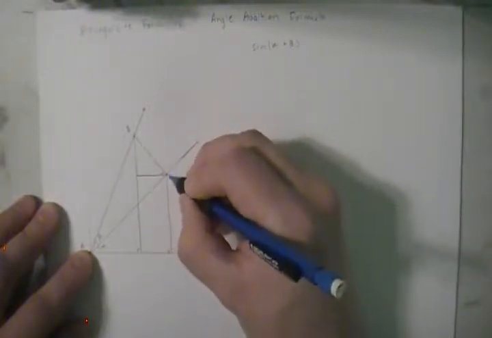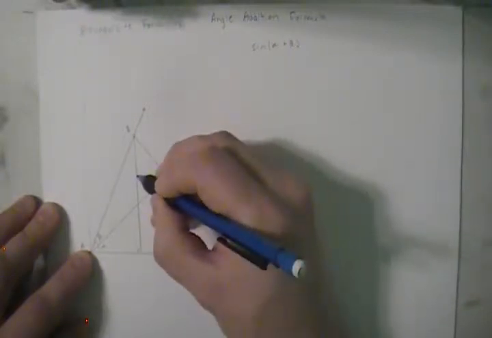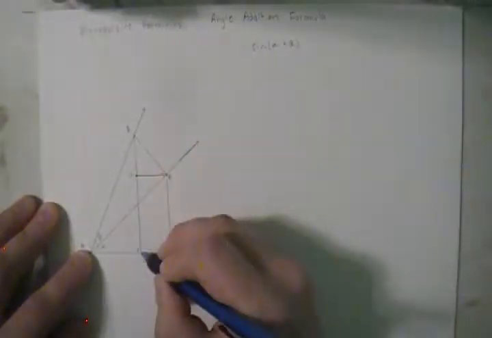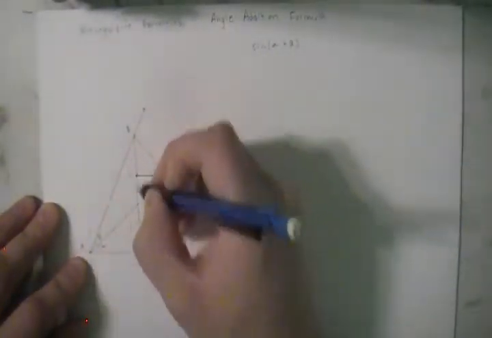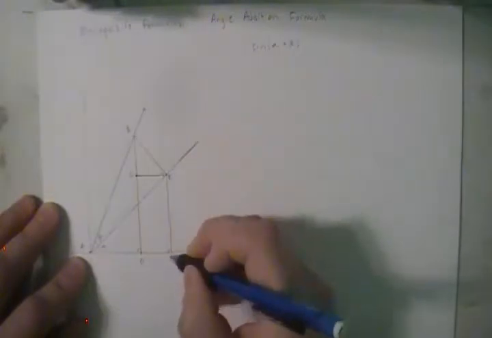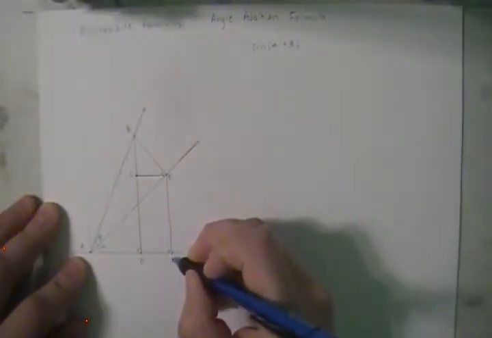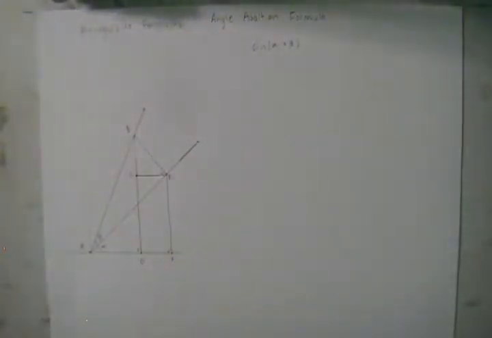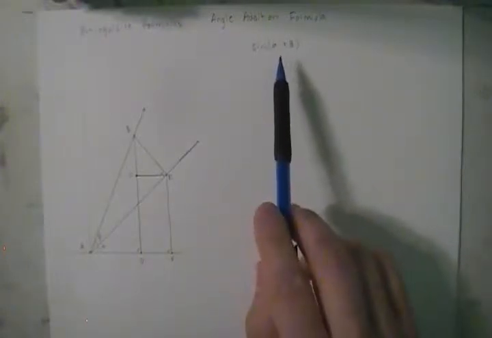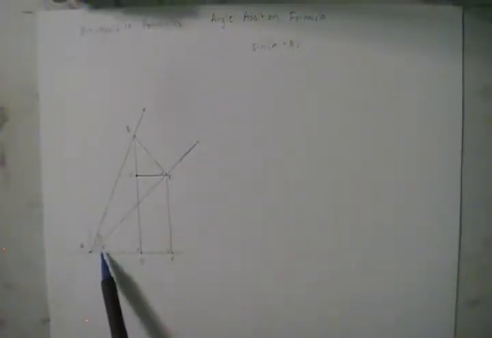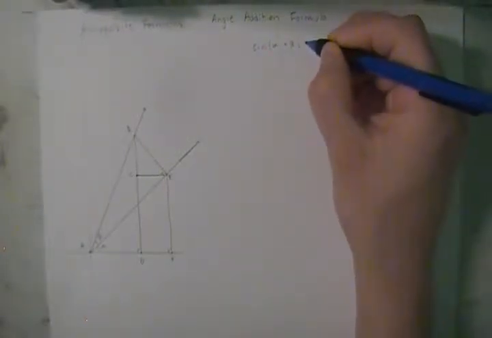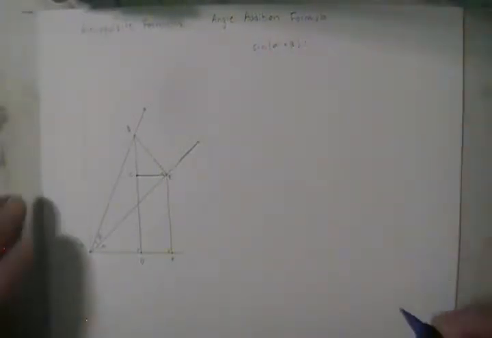I'll call it E, and the point here will be C. So I'll just label each important point: A, B, C, D, E, and F. Okay, and then we're going to talk about sines and cosines of these angles with respect to the different line segments and see if we can change them around to fit the form we're looking for.